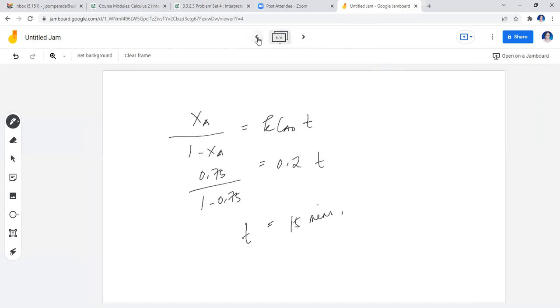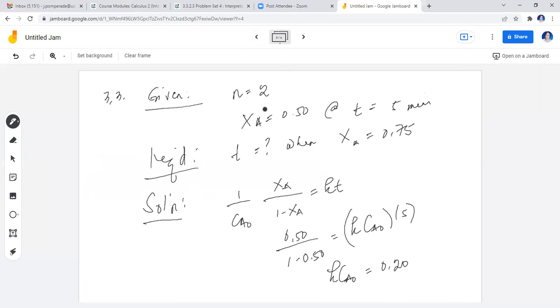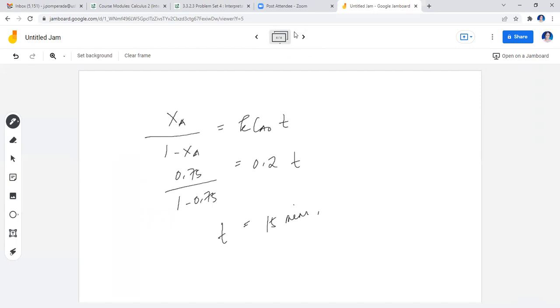But your answer is not 15 minutes. How much longer? It's referring to this first scenario from the 5 minutes. So it will take 10 minutes more for A to be 75% converted.